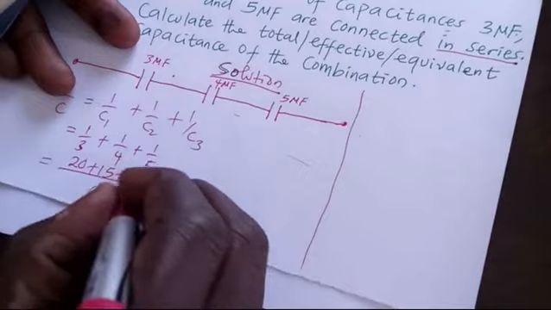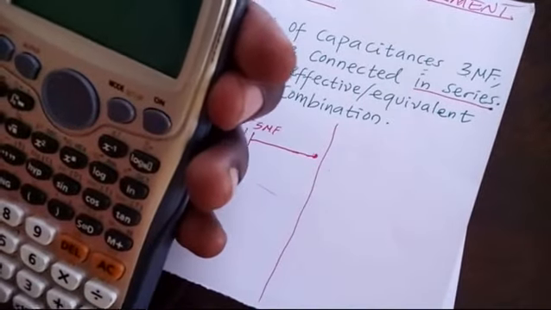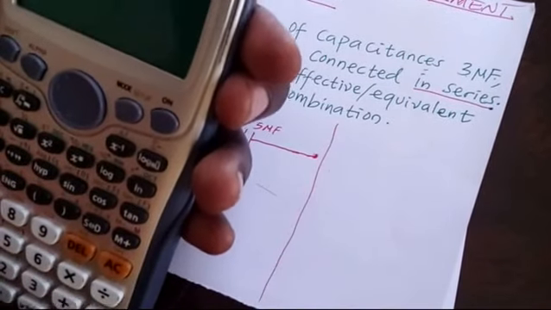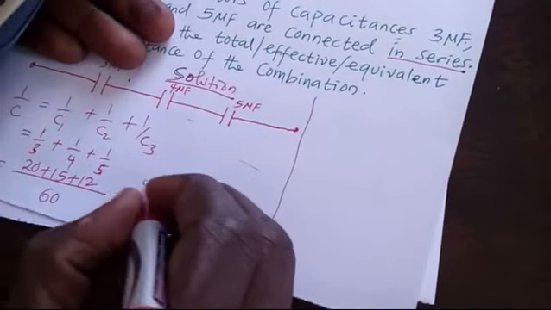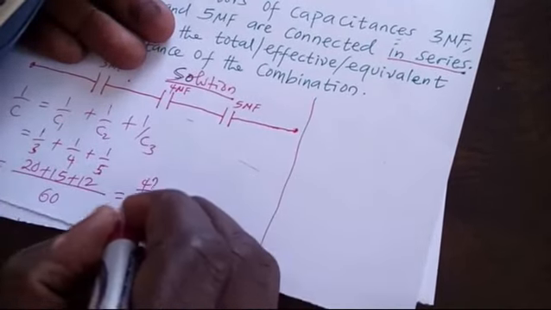12 times 1, 12. Next you add the numerators: 20 plus 15 plus 12 gives you 47. So this is equal to 47 divided by 60.